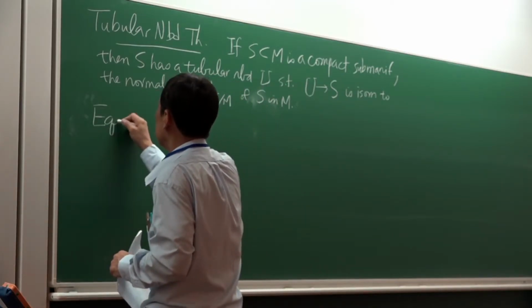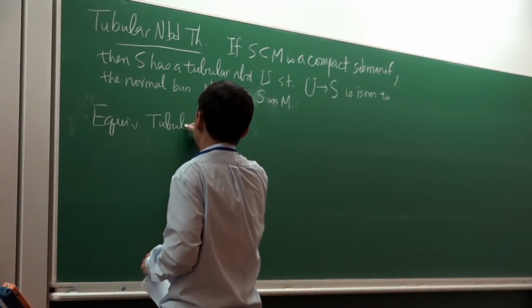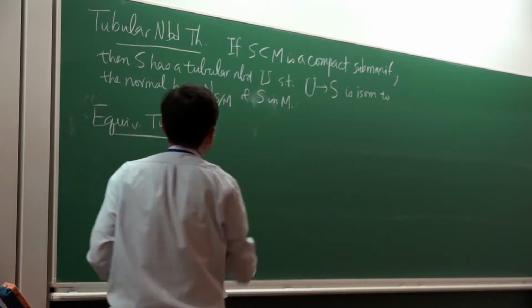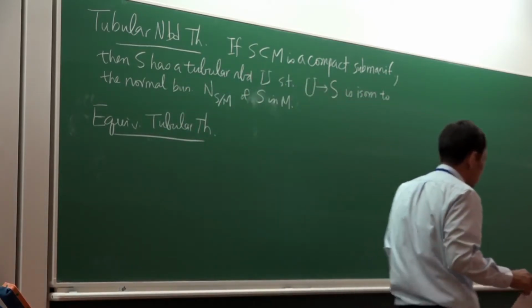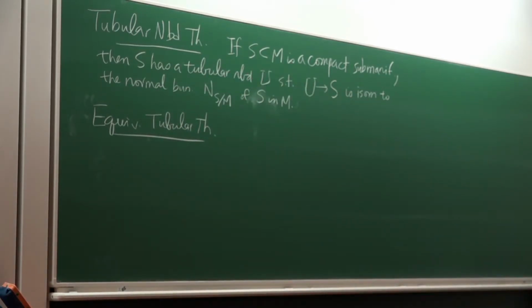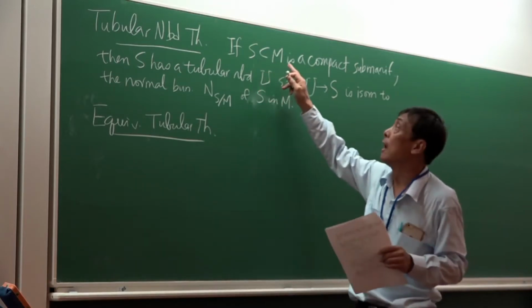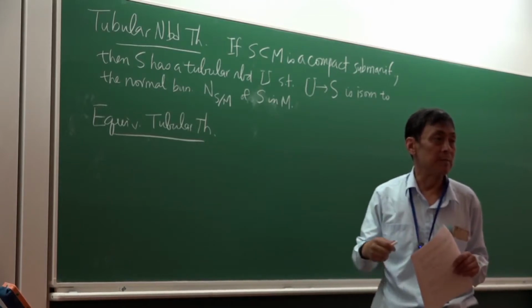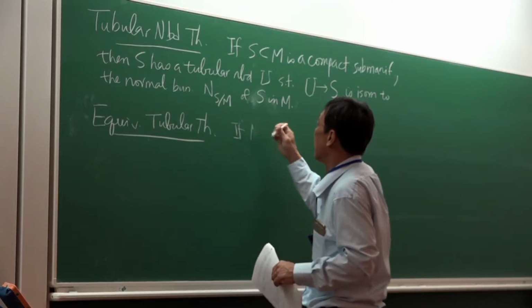And there's an equivariant version. So the equivariant tubular neighborhood theorem. In the equivariant version, both S and M have to be G manifolds. So in other words, M is a G manifold, and then S is a G invariant submanifold.